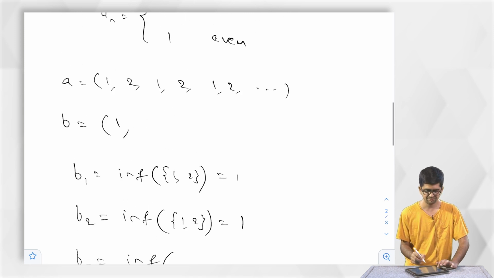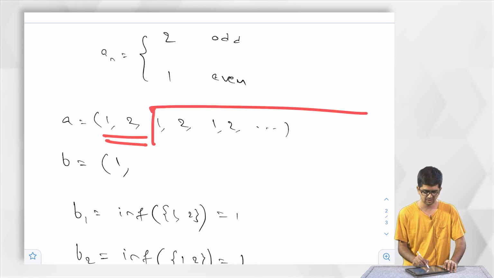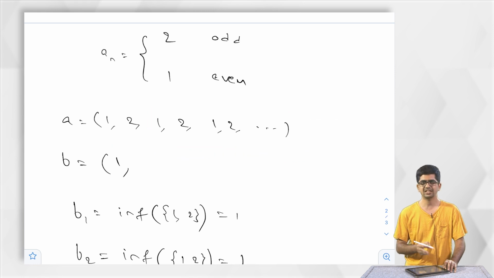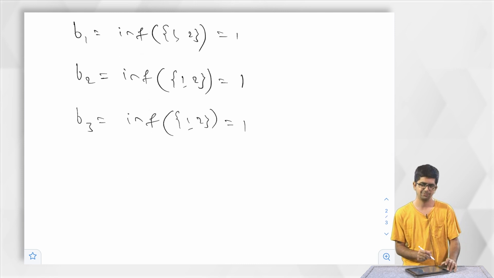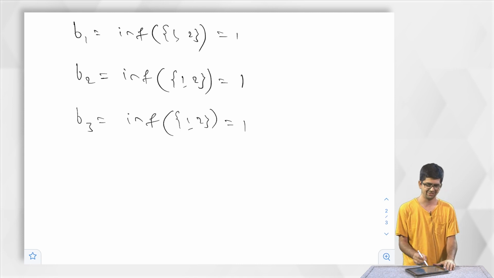It is the infimum of the same thing. You remove the first 2 elements, start the sequence from this point, the image is 1 comma 2, and the infimum is equal to 1. I can do it for B4, B5, B6 also, but you might have realized already that everything will be the same, equal to 1.